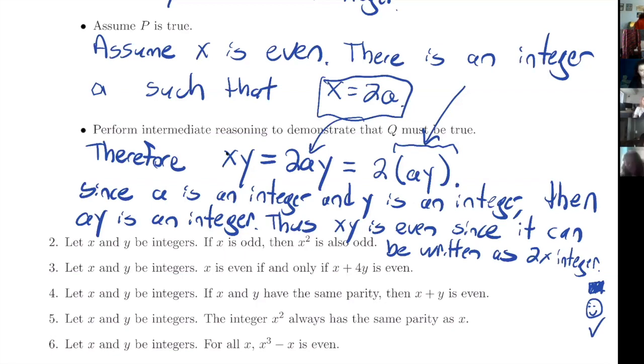So we start by assuming statement P is true. So statement P was x is even. And so we're allowed to use the definition of even. So usually the next step is you say, okay, I'm going to assume that P is true. What does that mean? What does it mean that x is even? Well, by definition, that means I can write it as 2 times some integer. Okay, thanks.